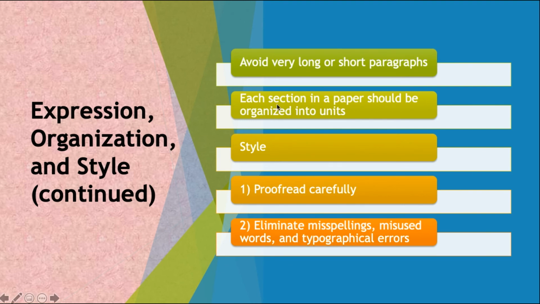Also, you should organize each section of your paper into units. For example, you may organize your introduction into three subsections, even if they are not labeled as such. In the first subsection, you introduce your topic using two or three paragraphs.